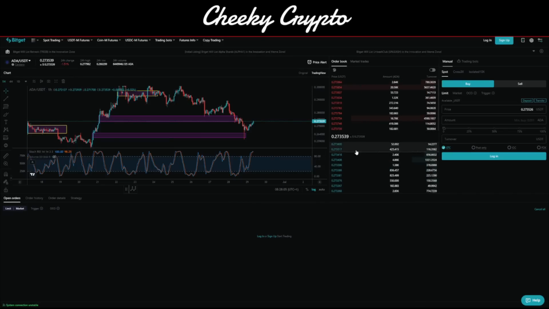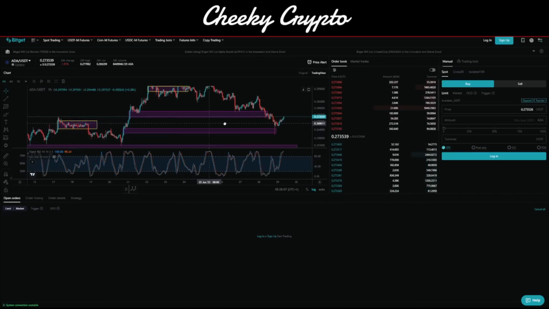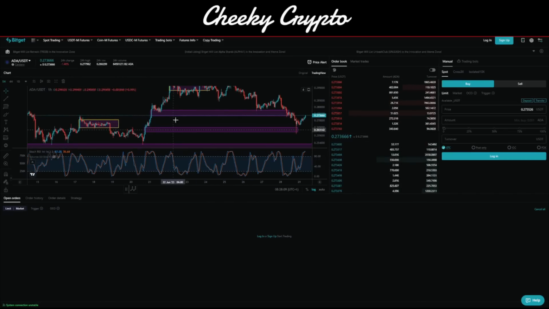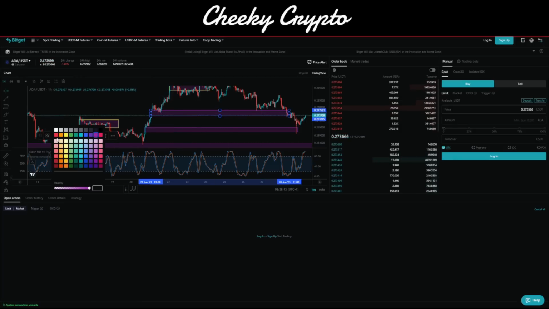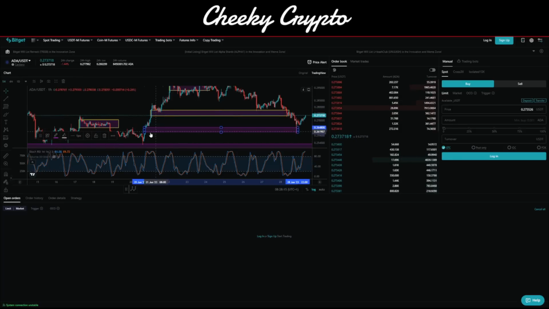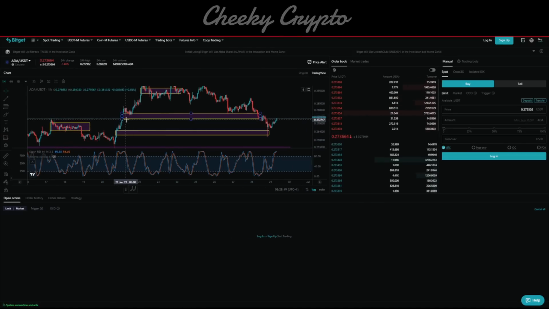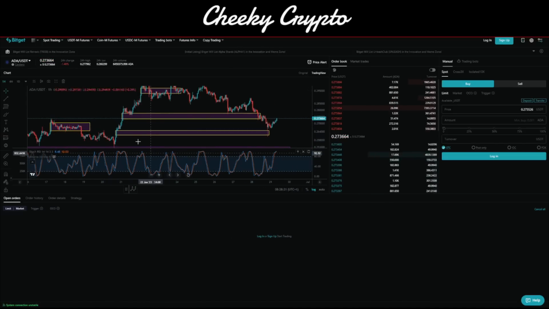Fair value gaps are created from imbalances in the order books, right? So specifically, if we take a look at these ones right here, which I will give a yellow border to indicate that they have been filled, we can see that when a large buy order comes in, let's take this bottom one down here, a large buy order comes into the market and there aren't enough sellers, price has to go from the low side to the high side, as in price wants to try to find the sellers.